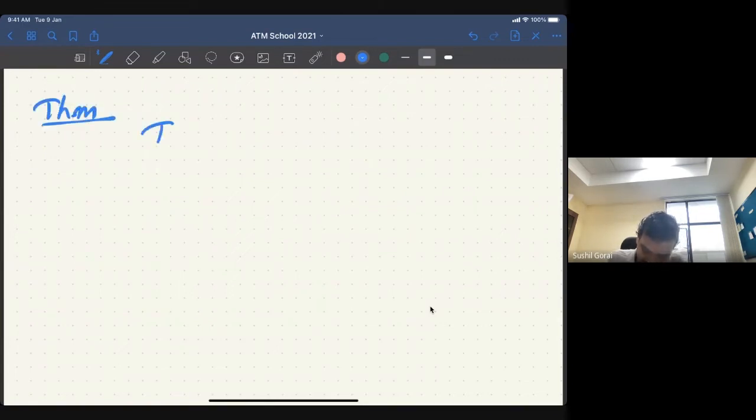So the line integral, this is called the usual line integral, right? Integration over curve gamma of p dx plus q dy.